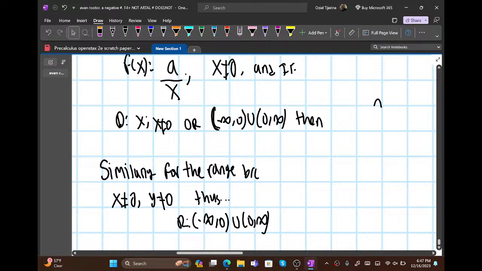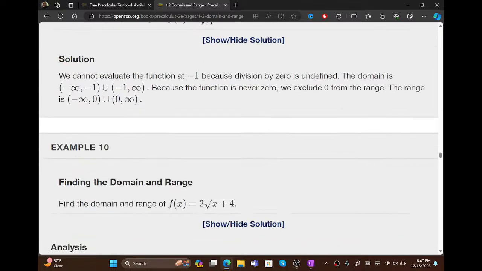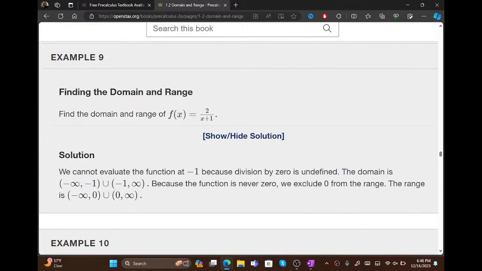Like I said, I'm going really fast with this, guys, because this is not college algebra. We learned this in college algebra, so we're not really going to go over it in a lot of detail. The domain is always very easy to find.